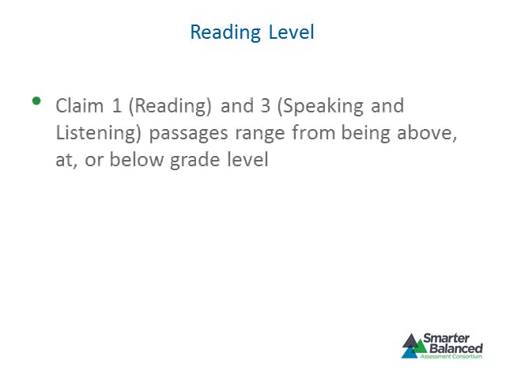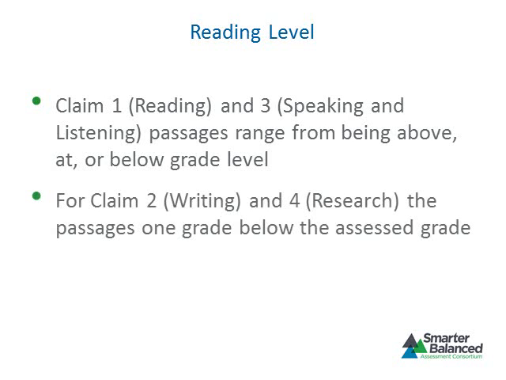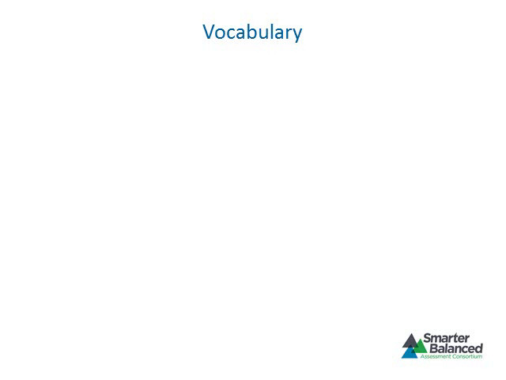The passages and stimuli used for Claim 1 and 3 items should represent a range of complexity, with some passages at grade level, some above grade level, and some below the grade level for which items are being developed. The passages and stimuli used for items written for Claims 2 and 4 need to be one grade below the assessed grade. There are 3 guidelines that are important to consider regarding the reading level of item and task stems.